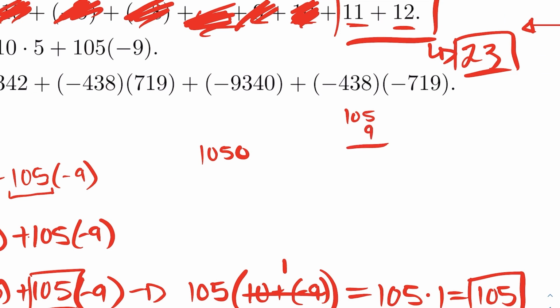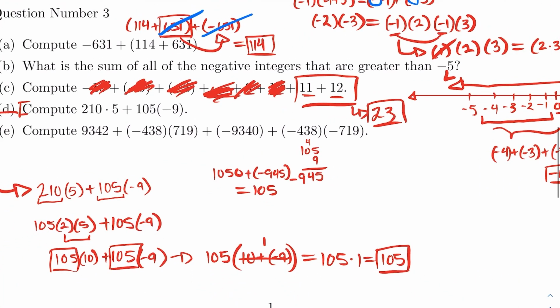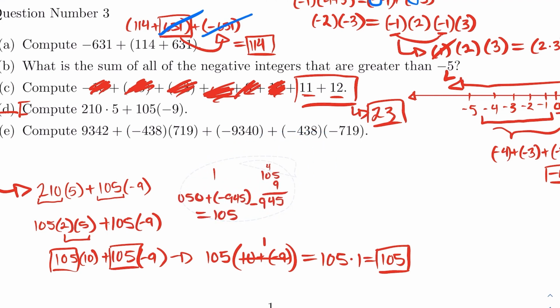So 5 times 9 is 45. 0 times 9 is 0, you bring the 4, and then 1 times 9 is 9, and this is a negative. Now you add those two up, 1,050 plus negative 945, and that will result in 105. So that results in the same thing. It's just a little bit more of a standard process, if you will.